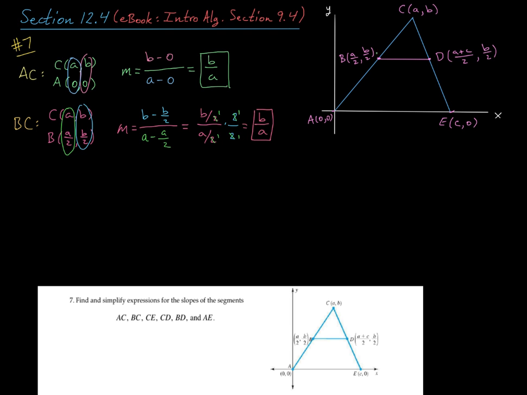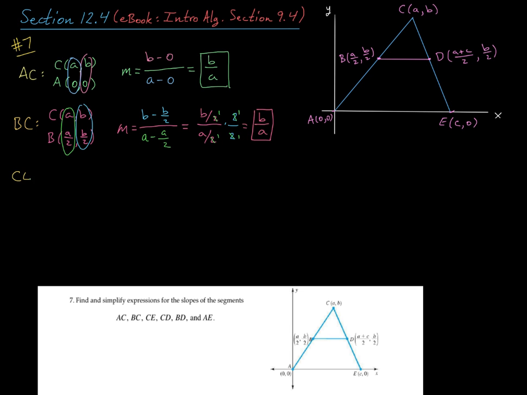Starting at A and ending at C, the slope was b over a. But starting at B and ending at C, the slope is exactly the same as the slope from A to C. Since we're on this common line segment, the slope never changes as we move along that line. So that answer makes a lot of sense.